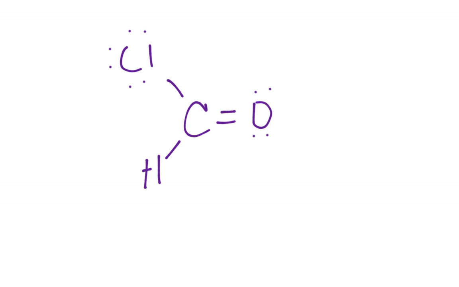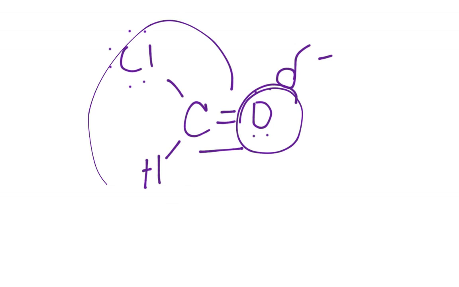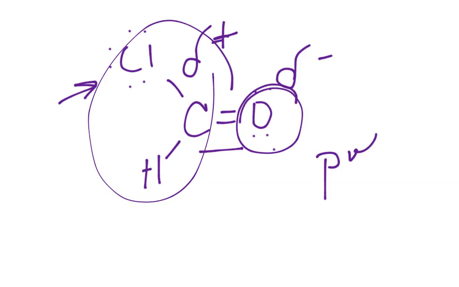If I have something like this, my oxygen is my most electronegative, so it's going to be delta minus. We're just going to say everything else is delta plus. Yes, chlorine is also very electronegative. Oxygen wins, so we're just going to look at that right now to keep everything simple. We're going to call this polar as well.